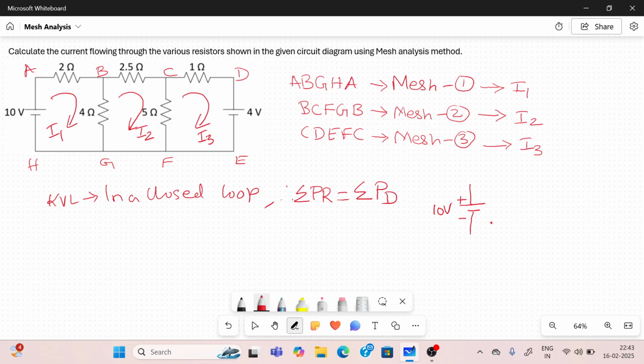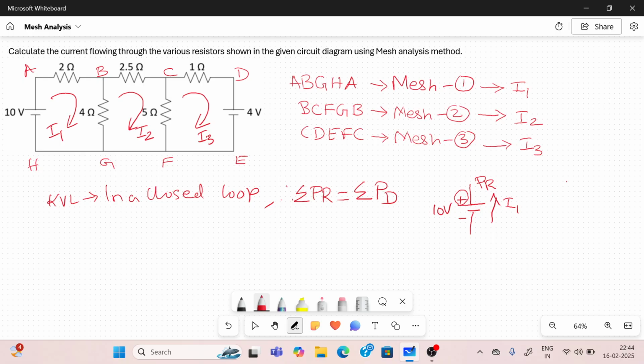Say some current I1 is flowing. If the current flows from minus, the lower potential, to plus, the higher potential, then it is a potential rise.